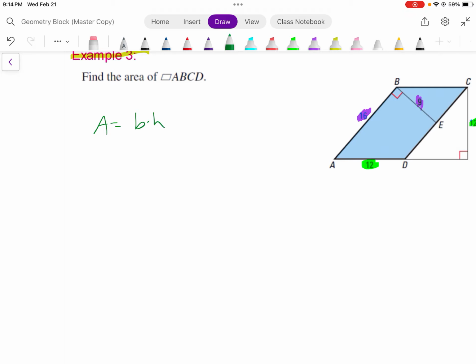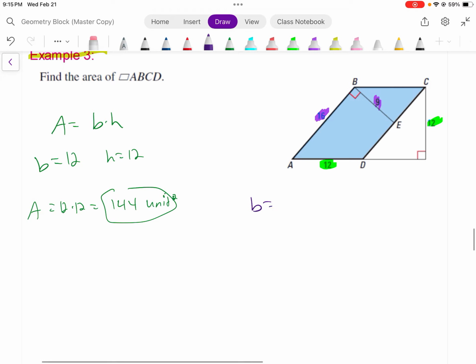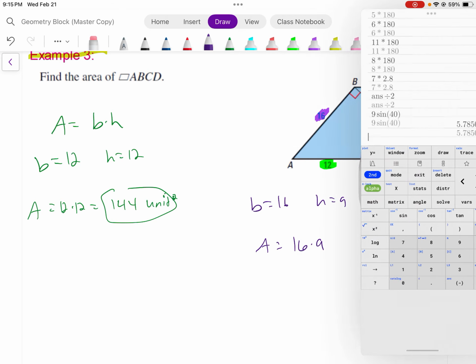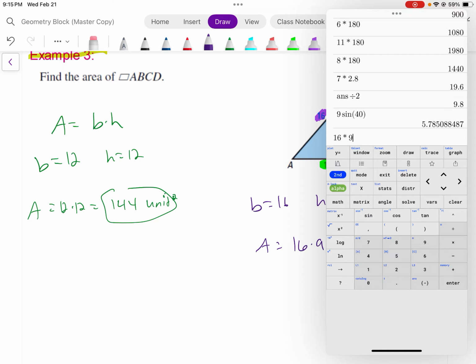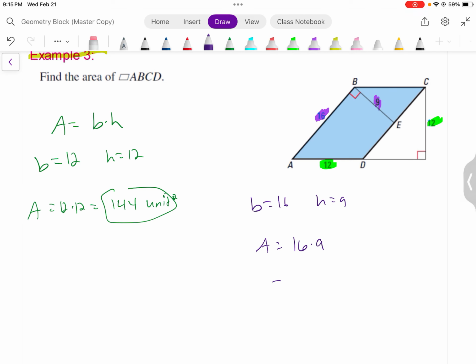So again, we said base times height. If I go the green, what I highlighted there, base is 12, height is 12. So area is 12 times 12, or 144 square units. But if I was to go the purple, my base is 16, height is 9, so area is equal to 16 times 9, which, guess what? 144.